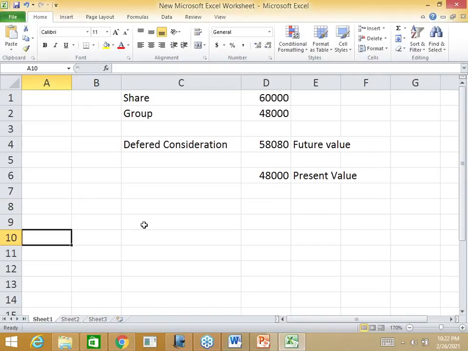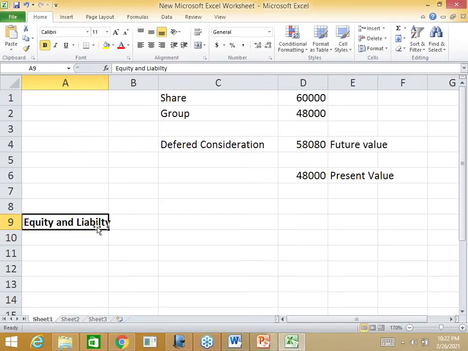Without wasting our time, let's solve the question. I'm solving the equity and the liability section. Bold it a little bit.